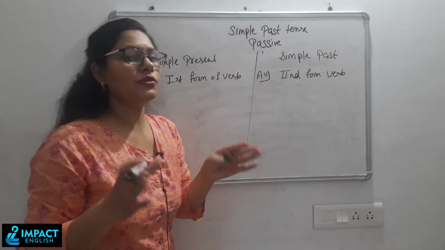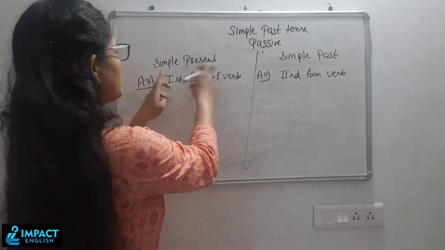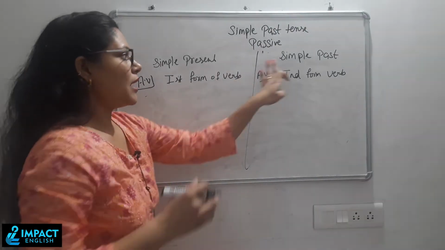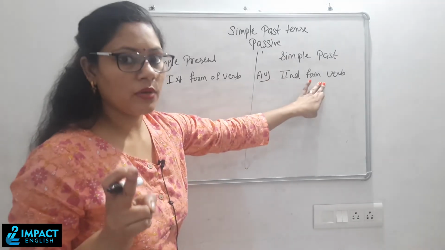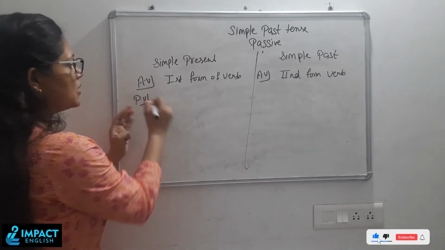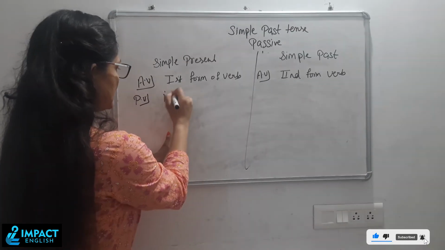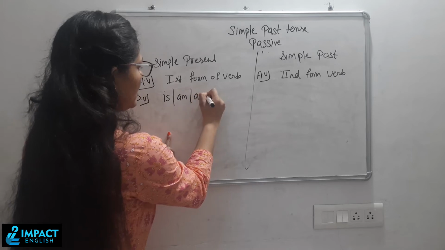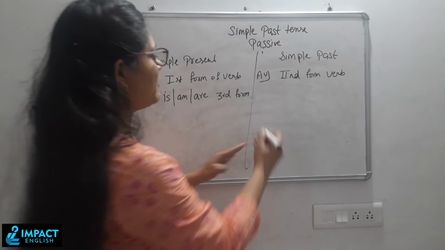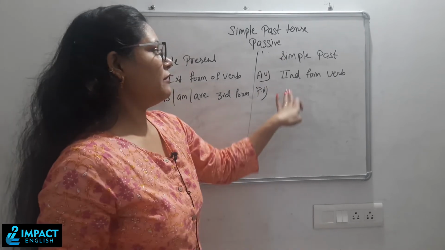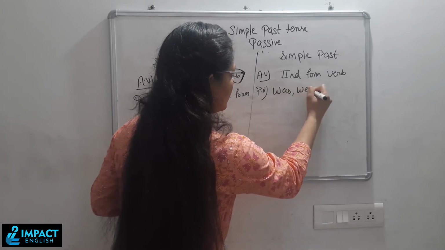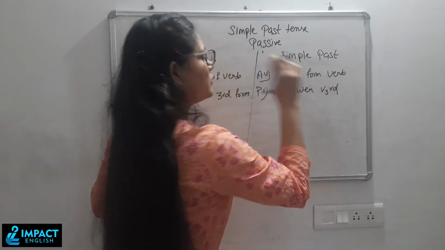Remember this thing in your mind, that in simple present tense active voice it always remains in first form, and in simple past tense, second form of the verb. While changing into passive voice, simple present tense we use is, am, are, and then third form of the verb. Simple past, when we change this into passive voice, we use was, were, and third form of the verb.